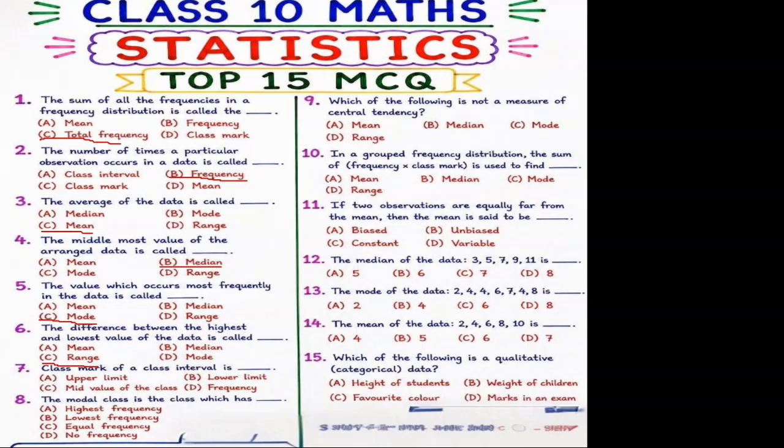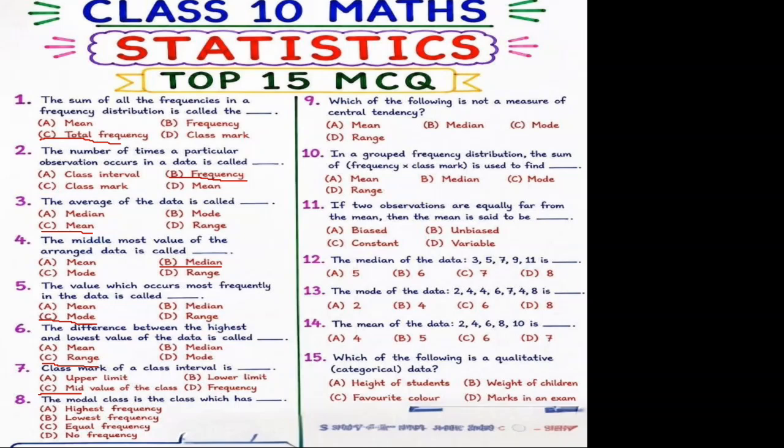So moving up to question number seven, it says the class mark of a class interval is dash. A upper limit, B lower limit, C middle value of the class, D frequency. The correct option is option C, which is the mid value of the class.